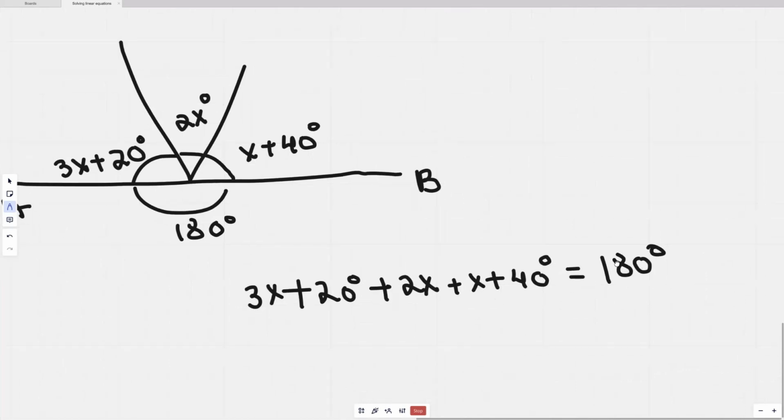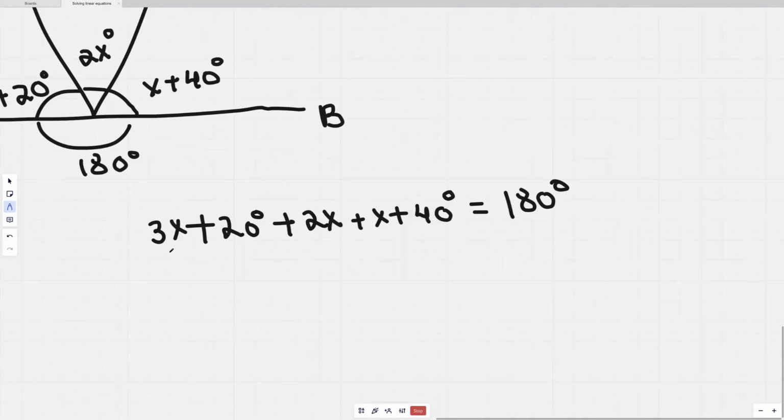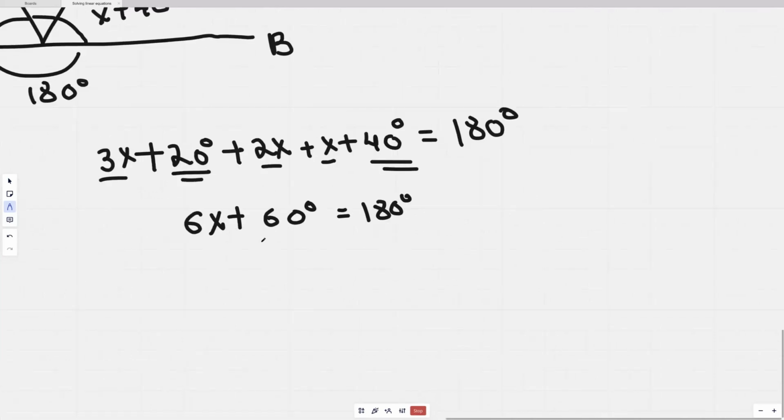180 degrees. Then we have like terms, right? 3x, 2x, and x, which is equal to 6x, and the 20 and the 40 will give us 60, which is equal to 180. Then we have to move the 60 degrees from the left side to the right side, changing its sign.